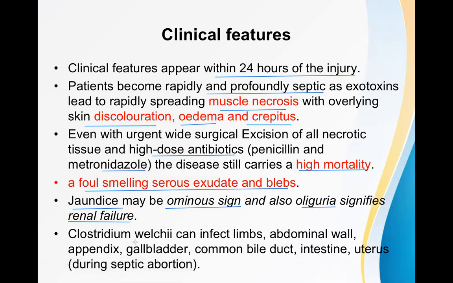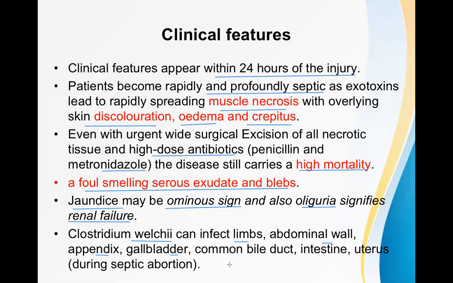Clostridium perfringens or Clostridium welchii can infect limbs, abdominal wall, appendix, gallbladder area, common bile duct, intestine, and even the uterus during septic abortion. Now, septic abortion may be a new term for you.